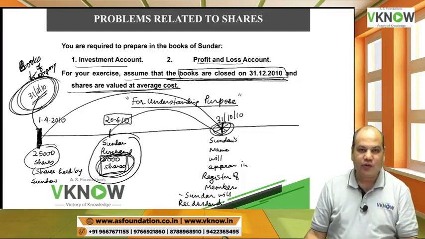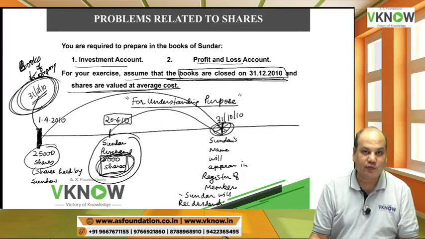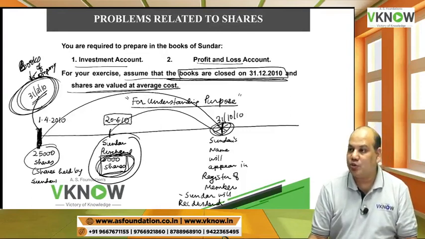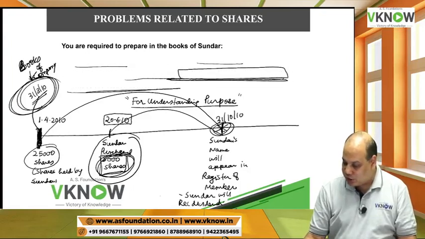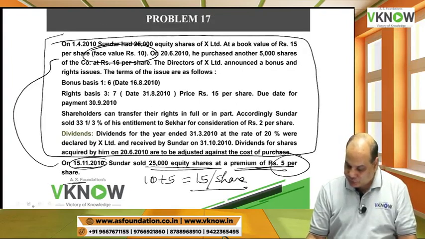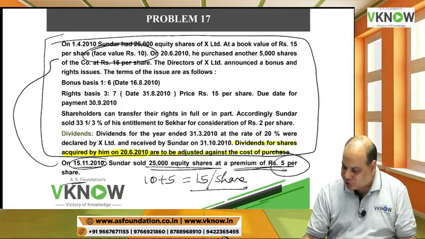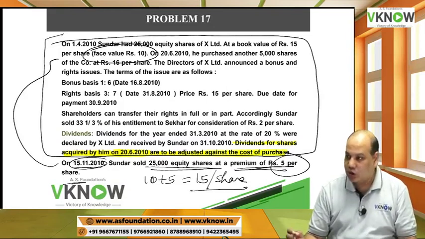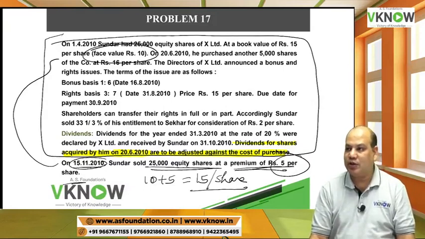So the standard says such dividends are dividend out of pre-acquisition profit and should be credited to investment account. To help you, the institute have also written here in the last line on the screen, dividend for shares acquired by him on 20th June are to be adjusted against the cost of purchase, which means the problem is 100% clear.